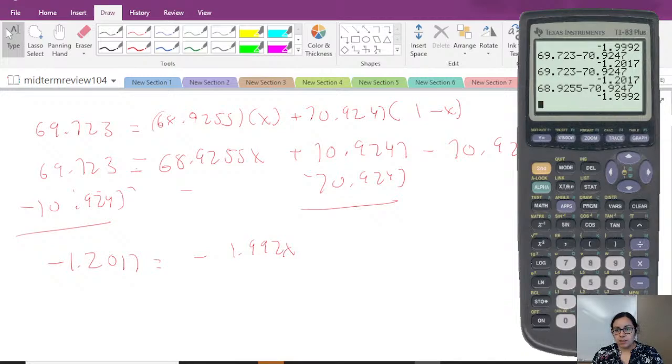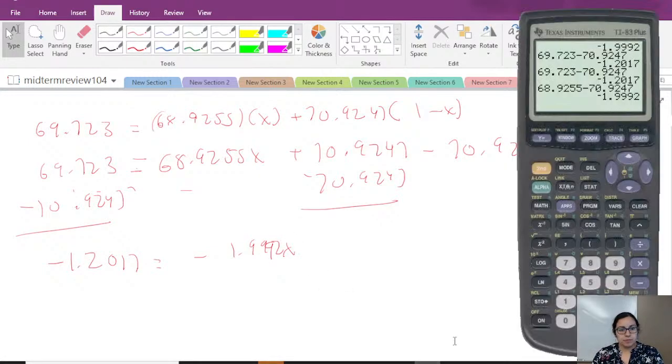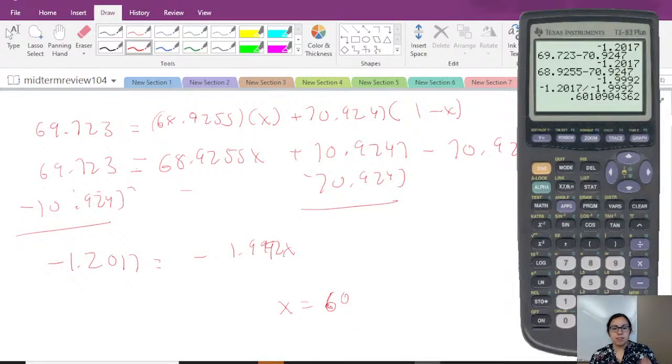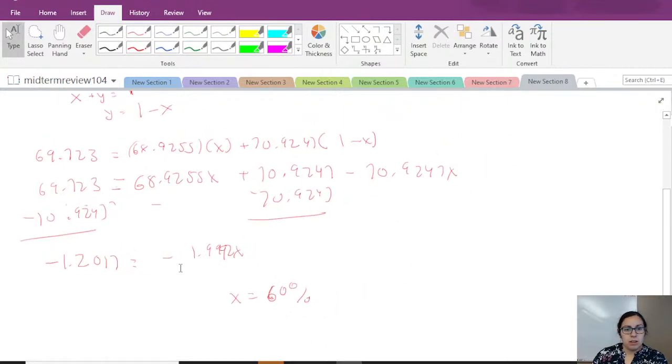It had three 9s, does that matter? Oh, 99, my bad. Then divide to solve for x: negative 1.2017 divided by negative 1.9992. That's how we get the 60% for x, so x equals 60, and you could round to roughly 60%.